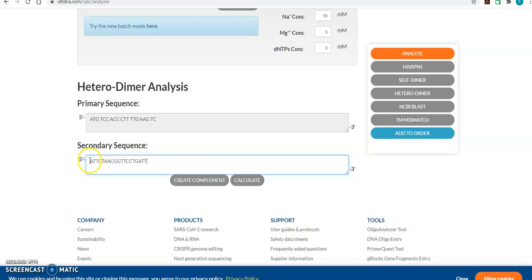You can maybe type it up again. Instead of doing that, enter it the opposite way. TTA, GTC, TTA, GTC, CTT, and TGG, CAA, and TCT, TA is the sequence.